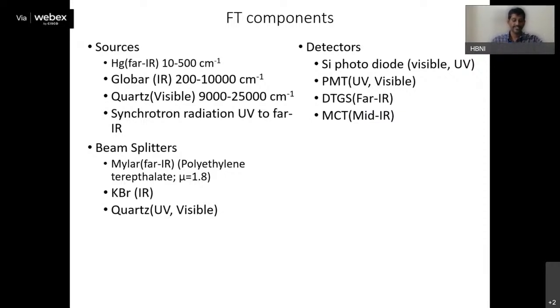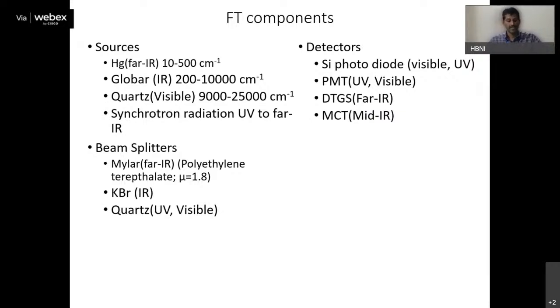Like the mercury source is very strong in the far IR region, from 10 to 500 centimeters. If one wants to do mid IR measurement, then Globar is a better choice because it gives higher intensity. Then if you are going to the visible, quartz is better.